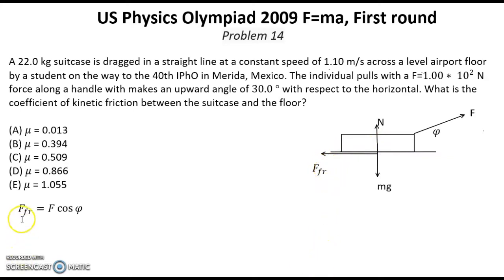We have force of friction equal to pulling force F multiplied by cosine phi. Second equation, that's vertical. We have force of gravity mg, which is equalized by normal force and vertical part of pulling force.